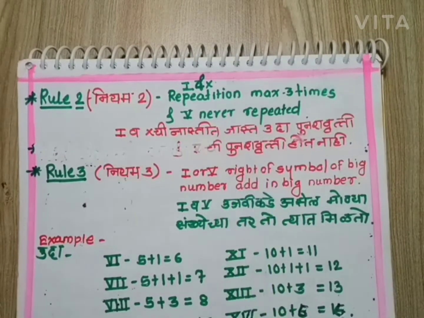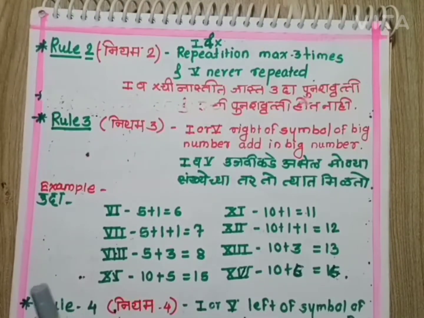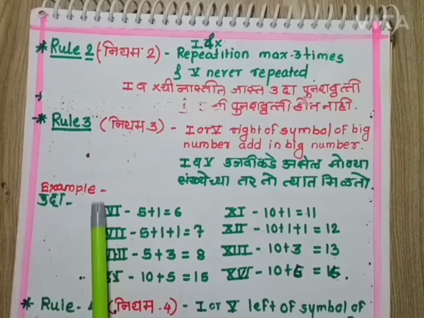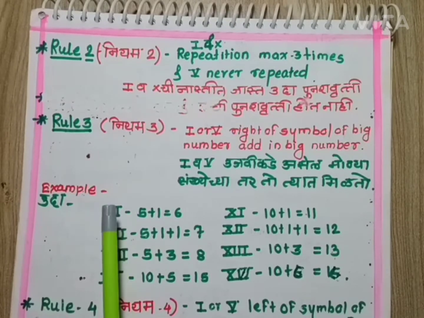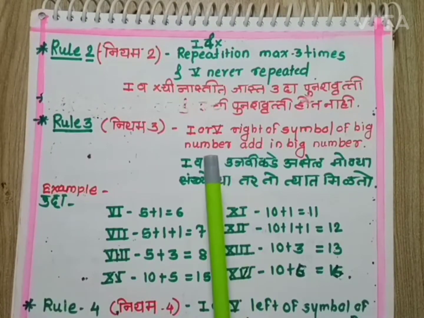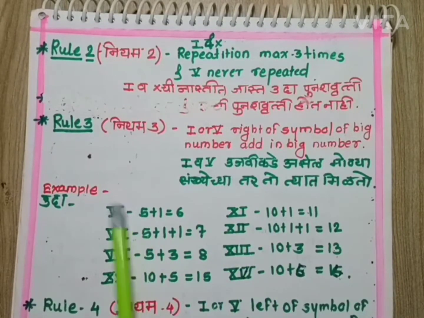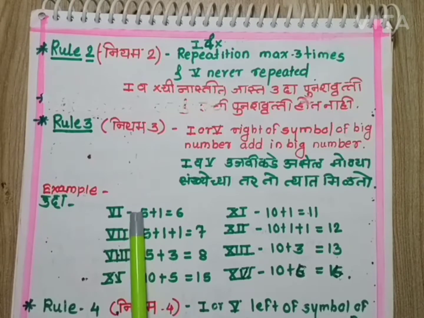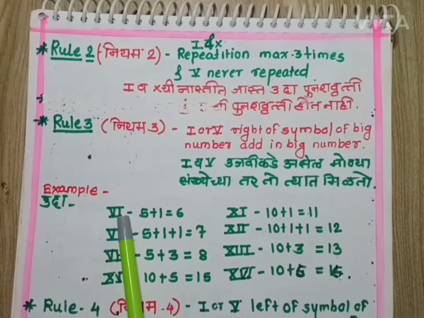For this rule, we take an example to understand better. Here is an example, VI. We know that the value of V by the chart is 5 and I gives the value 1. The rule says that if I or V is on the right side of the bigger number.